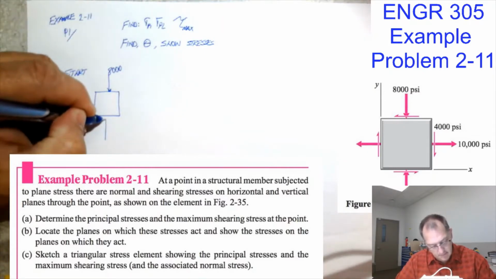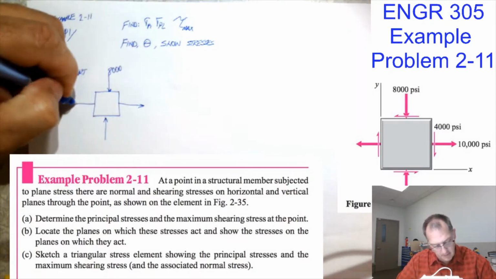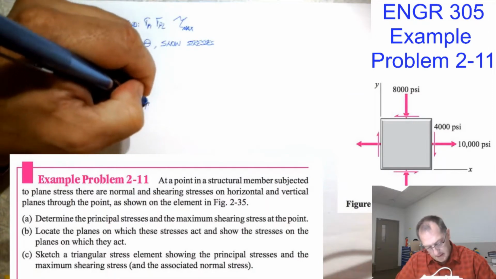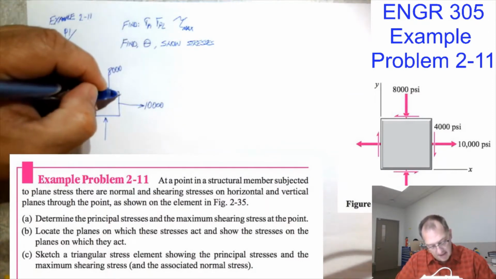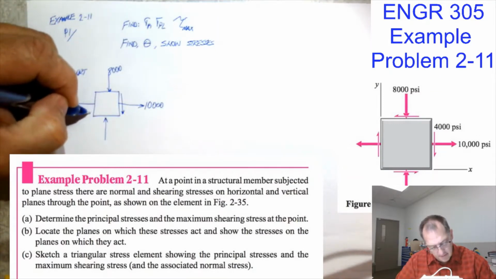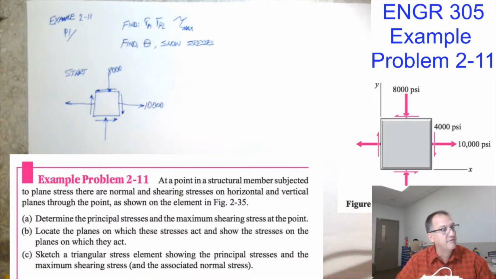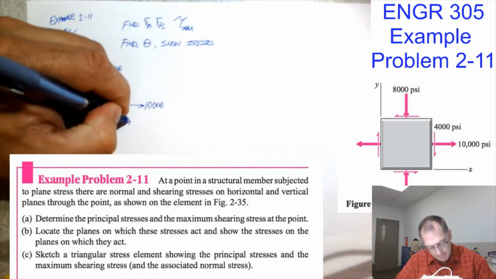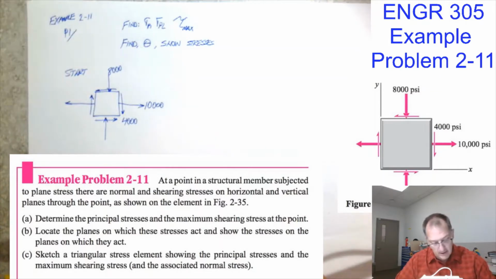Well, it's all in PSI, so 10,000, and I've got a negative shear of 4,000 PSI.